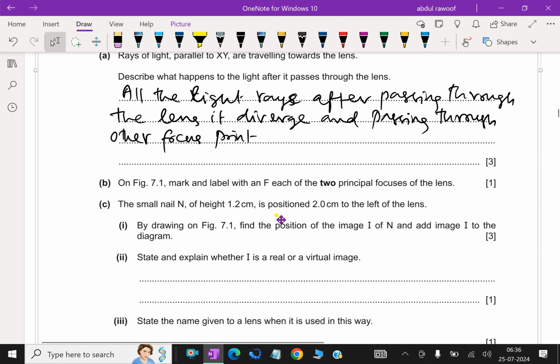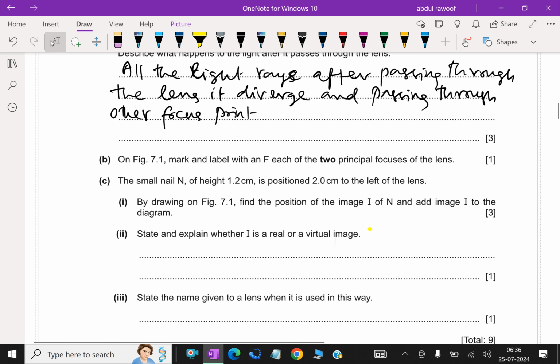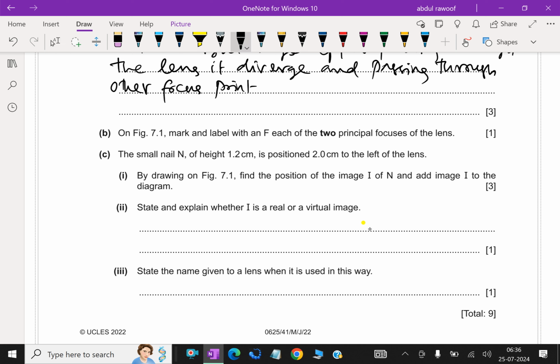State and explain whether I is a real or virtual image. It is a virtual image.